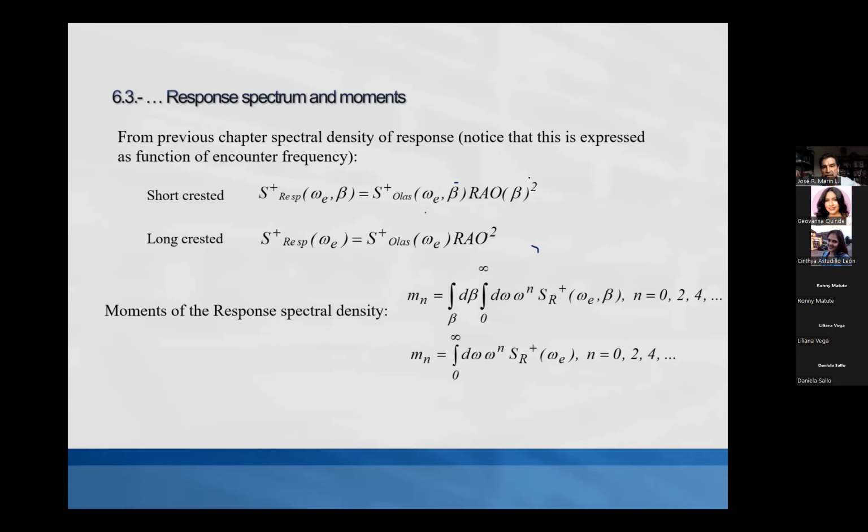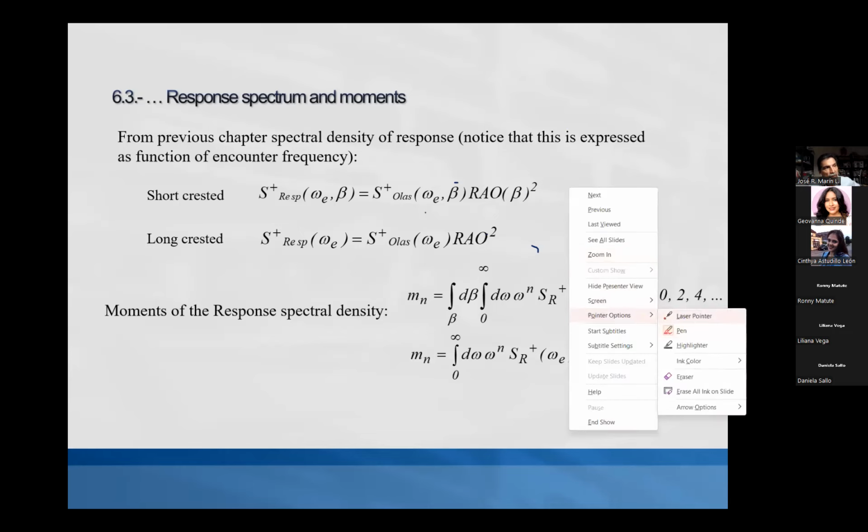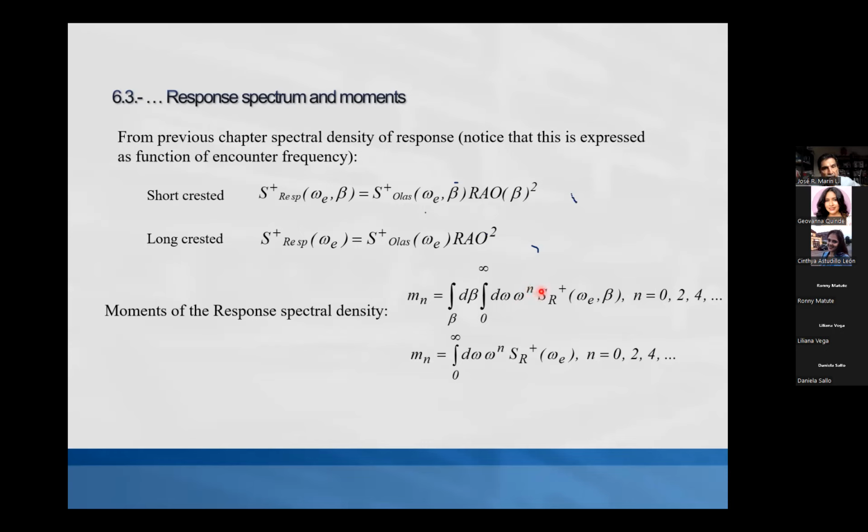Similarly in this case, you take the frequency omega, raise it to a certain power, multiplied by the spectral density, and integrate. You have to remember that you can change this exponent, and according to the exponent, you give the name to the resulting moment.